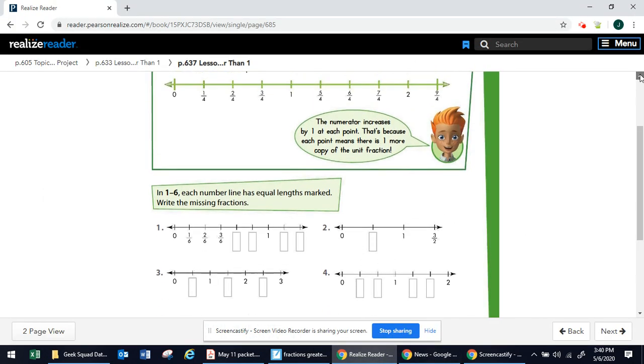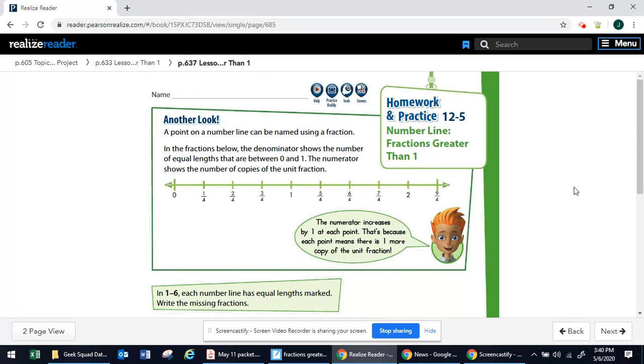So in your packet, you are going to see a workbook page for 12.5, number line fractions greater than 1. You will get another example right here where it says another look. It says a point on a number line can be named using a fraction. In the fraction below, the denominator shows the number of equal lengths that are between 0 and 1.